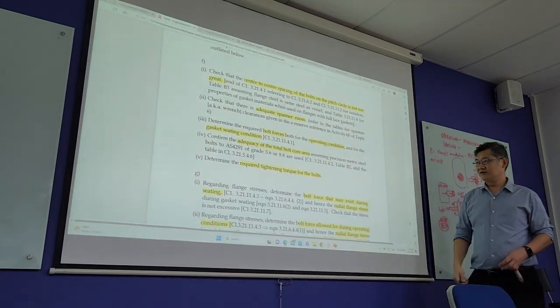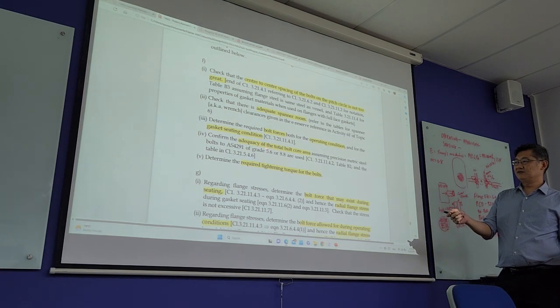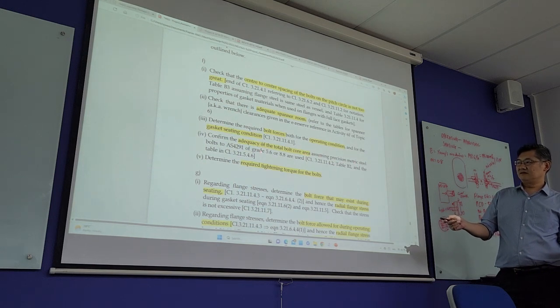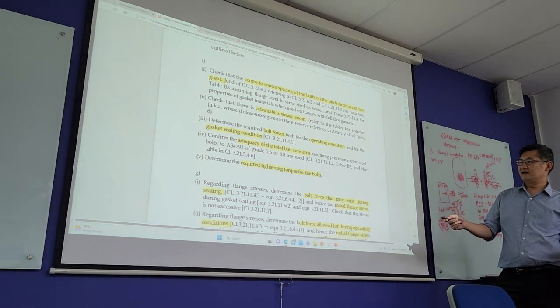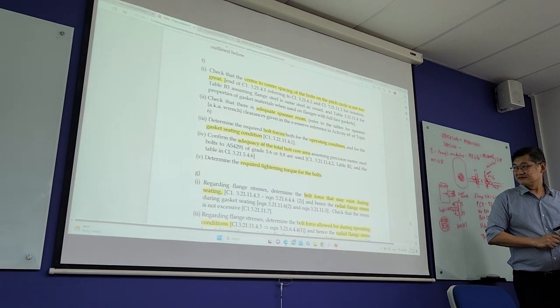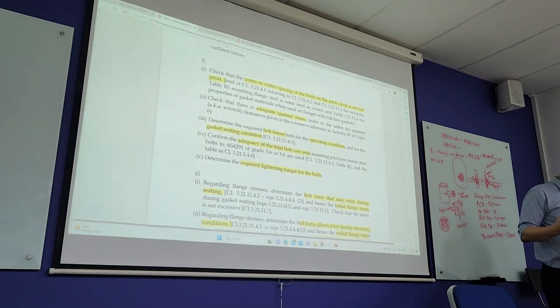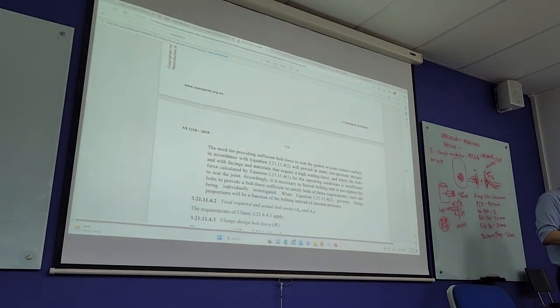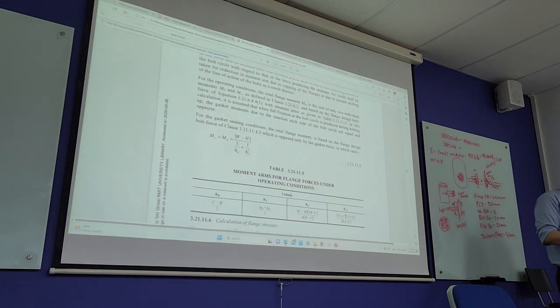Alright, from this equation. After that, confirm adequacy of total bolt cross area, assuming pressure, mild steel bolts of grade 5.6 or 8.8 values. So for this one we have to go into Table B2.